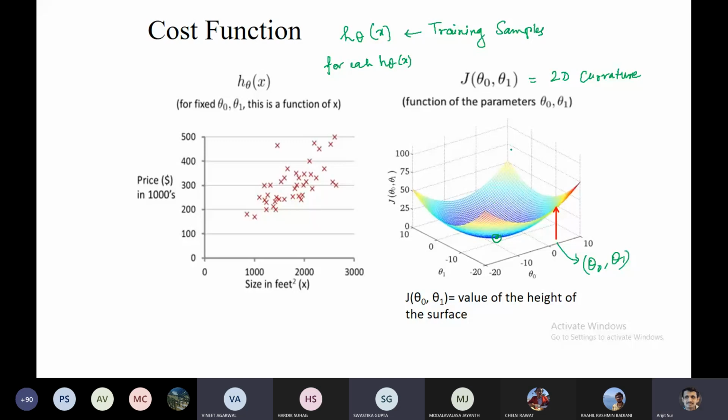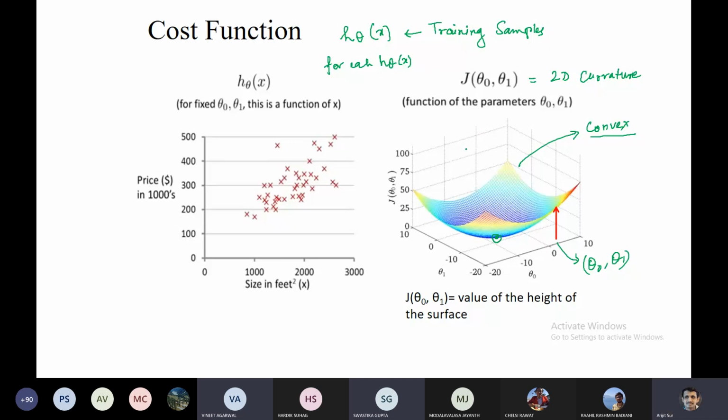You can see that this error surface is convex in nature. If the convexity is assured for a particular search space, then this kind of algorithm is going to give you a local or global minimum.